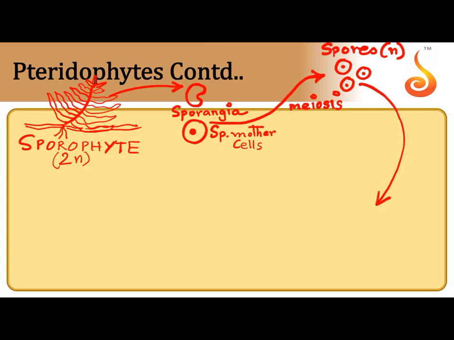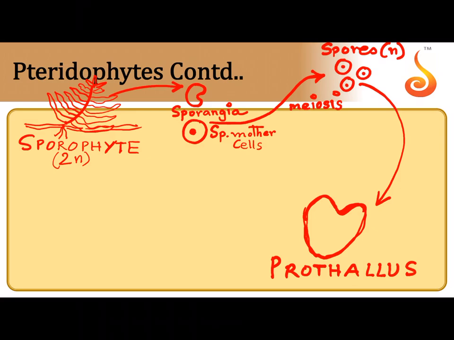The haploid spore falls on the ground and develops into a heart-shaped structure, which represents a plant which grows flat on the ground, and you cannot even call it a plant. It is a green heart-shaped structure that is called the prothallus. The prothallus represents what phase in the life cycle?